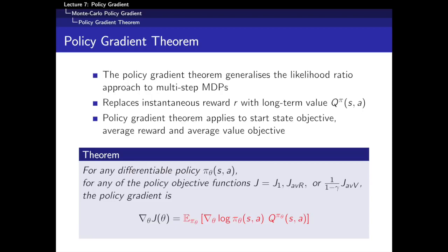That's just to formalize that, which is to say that if you start with some policy, then for any of those objective functions we considered earlier, the start state, the average reward, the average value, the policy gradient is basically given by this thing here, which is some expectation over the score function multiplied by the action value function, Q. So it basically tells you, again, how to adjust the policy so to get more or less of that particular action multiplied by how good that particular action was, or is in expectation.